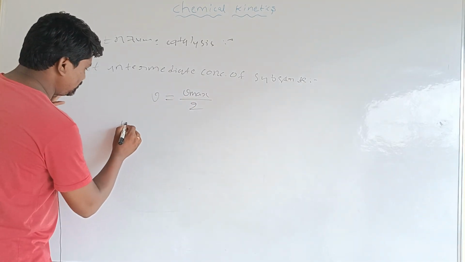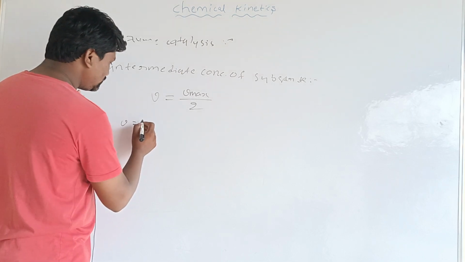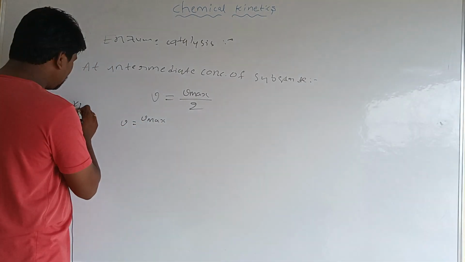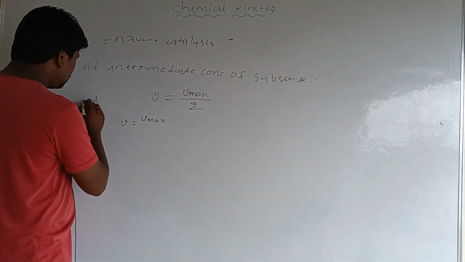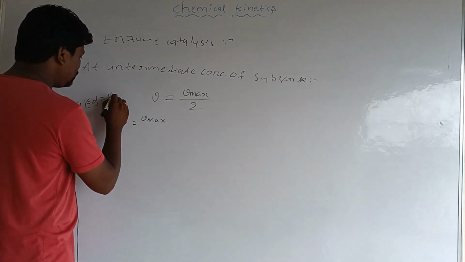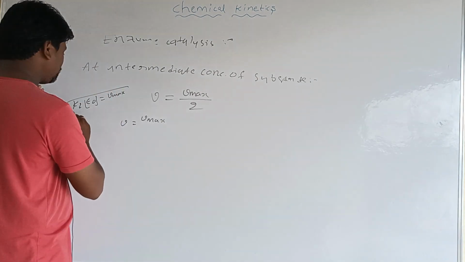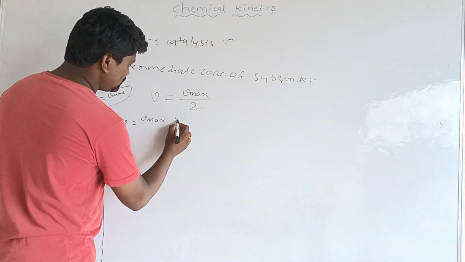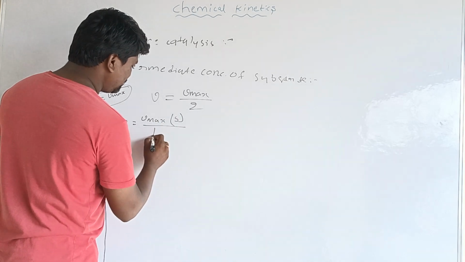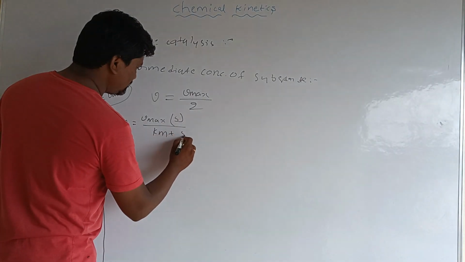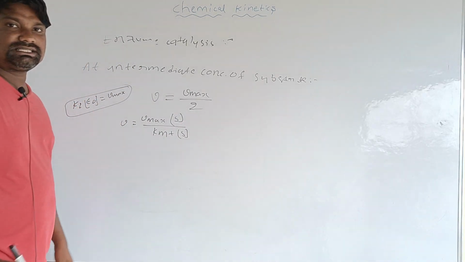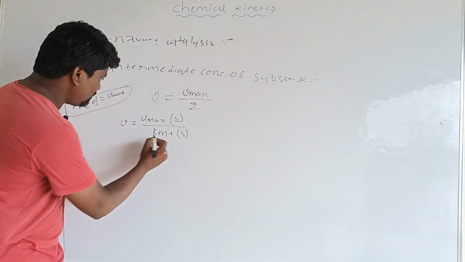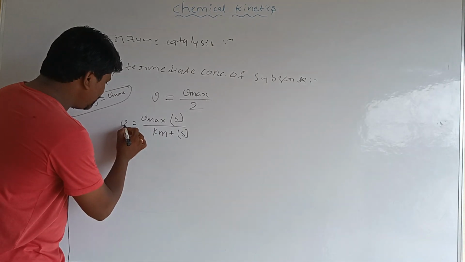Then the rate of reaction mu is equal to what? Here mu maximum means K2 into E naught is nothing but mu maximum. Okay, mu maximum into substrate by Km plus S. Here mu is equal to what?